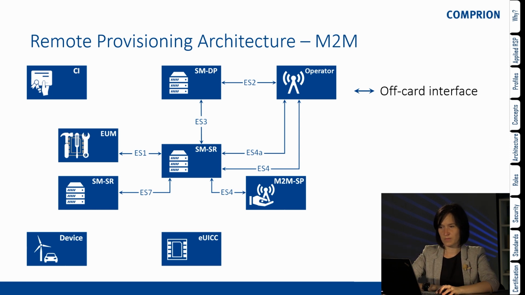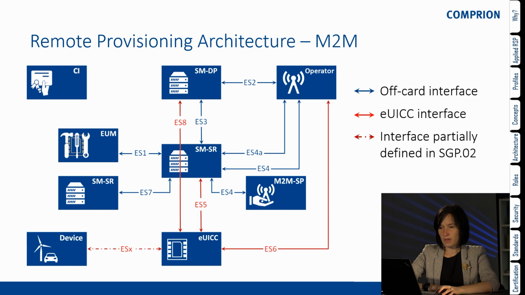network or ecosystem. Yes, here we have the EUSSC interfaces, basically for the communication with the entities which are on the server part or the background part, including the interface which is only partially defined, the ESX interface.